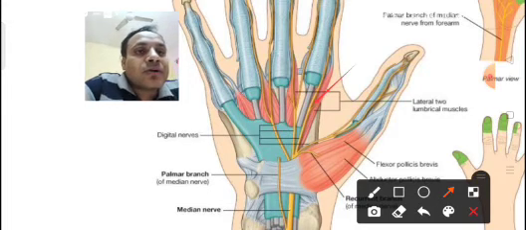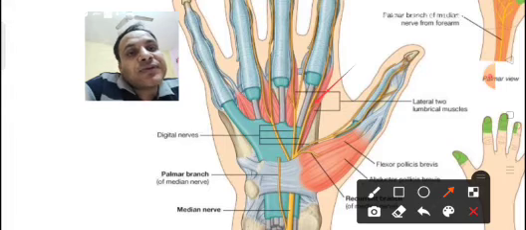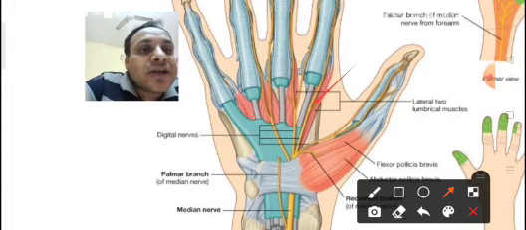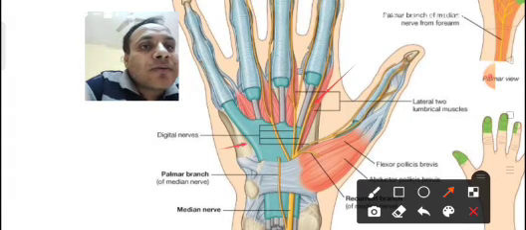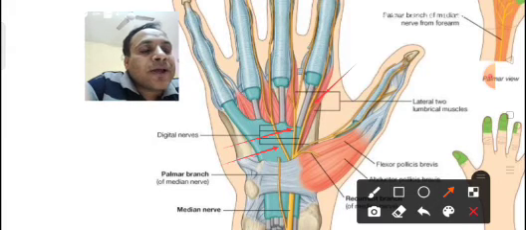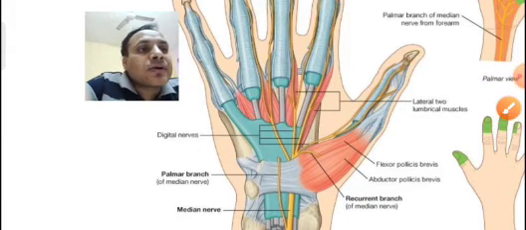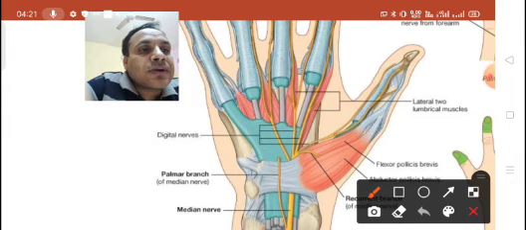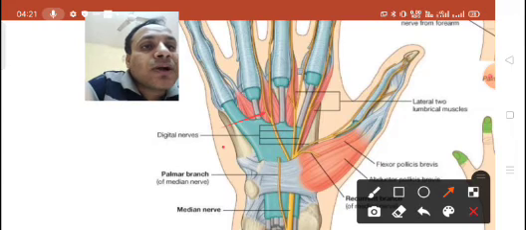Then the medial division of the median nerve gives two common digital branches. This one is the first common digital branch and this one is the second common digital branch. Then each common digital branch divides into two proper digital branches.